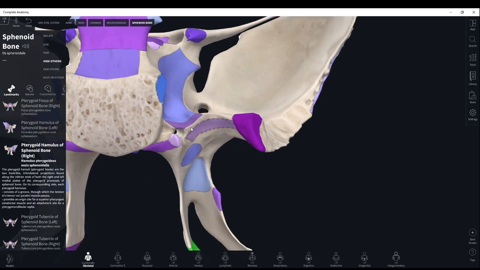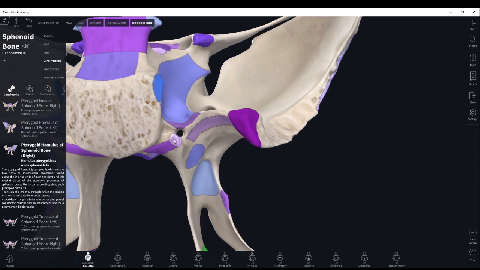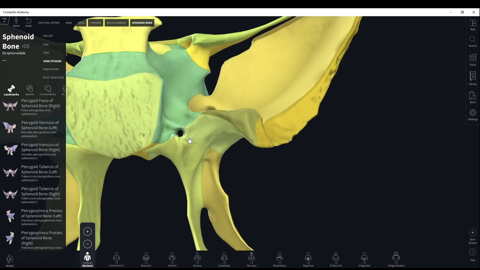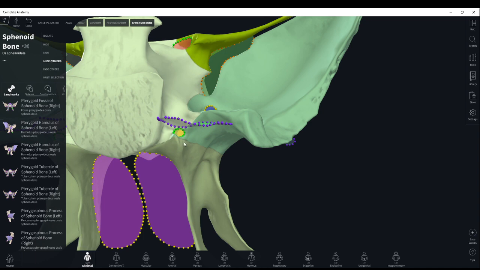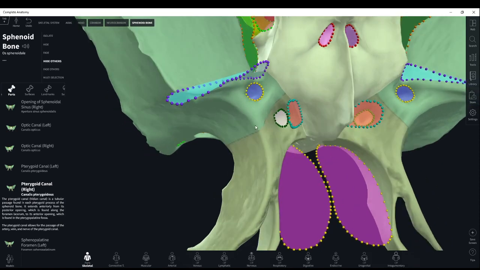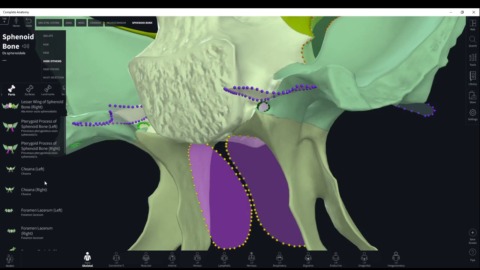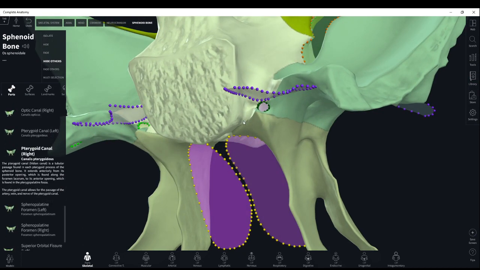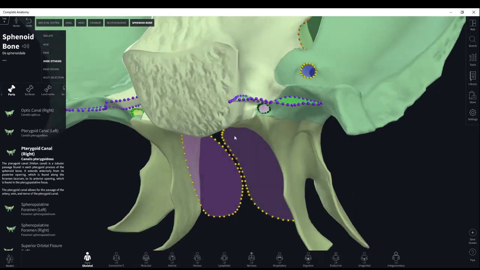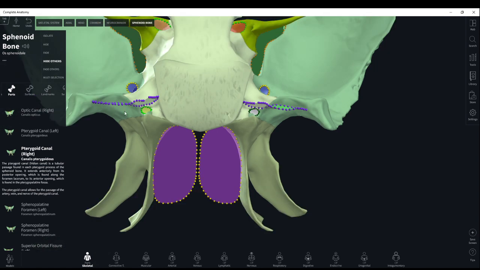On the base of the pterygoid process, between the body and the process, you can see a canal. We call it the pterygoid canal, canalis pterygoideus, or Vidian canal, a tubular passage found on each side at the base of the pterygoid processes.